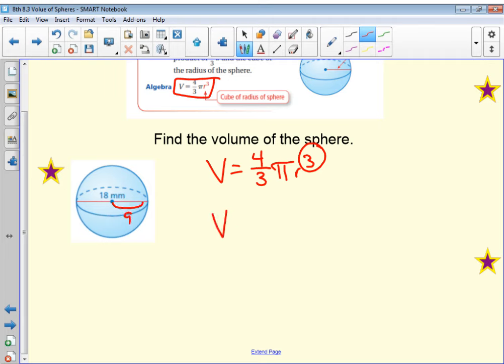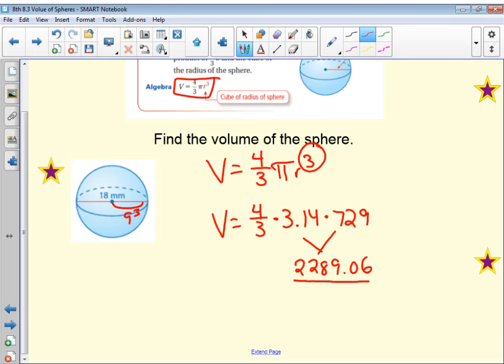So volume equals 4/3 times pi, which is 3.14, times 9 cubed. 9 times 9 times 9 gives me 729. Now I'm going to put these together. 729 times 3.14 gives me 2,289.06. Now we're going to take that over 1 times 4/3.